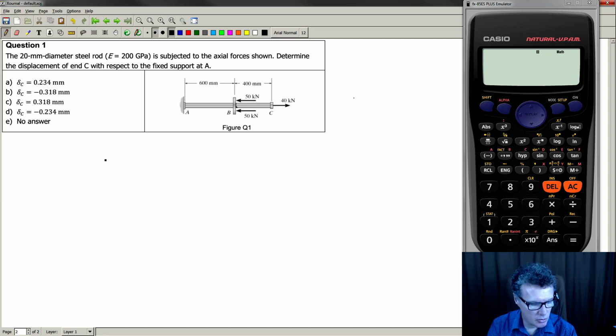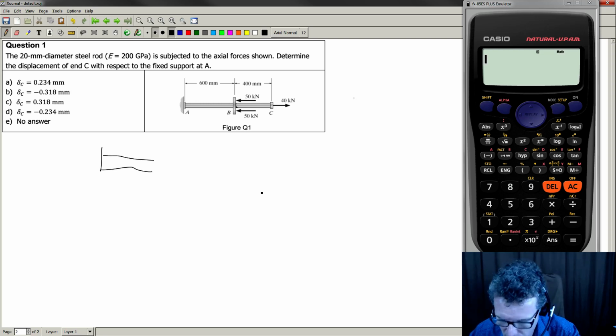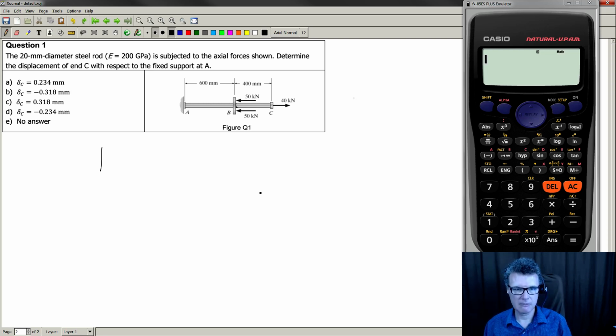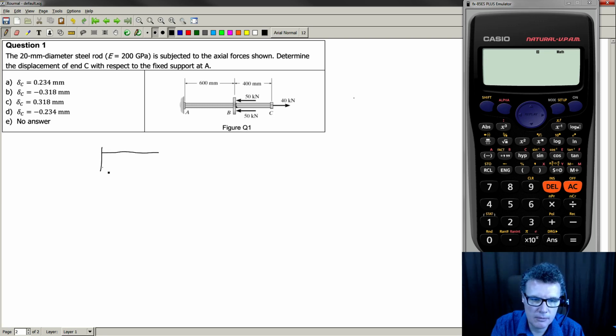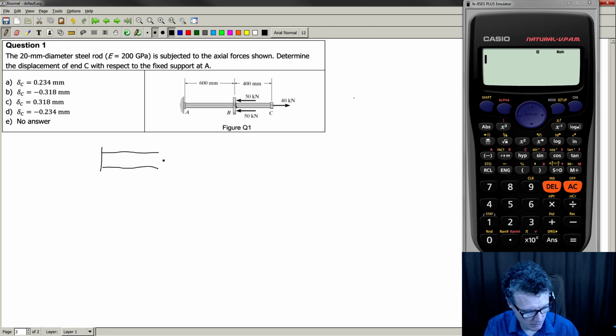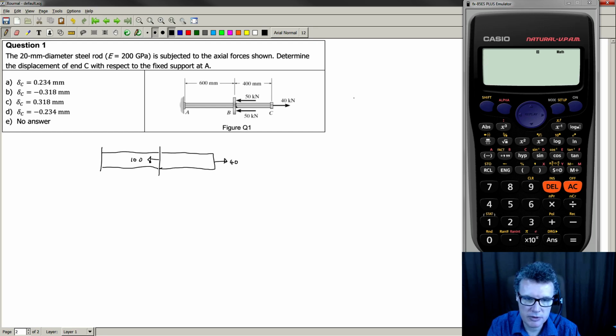Your diagram you want to draw, therefore, is going to be something along the lines of, if I can draw straight, which I can't: 40 going that way, 100 going this way, 250s. We'll have a reaction here, which we don't really need, RA.